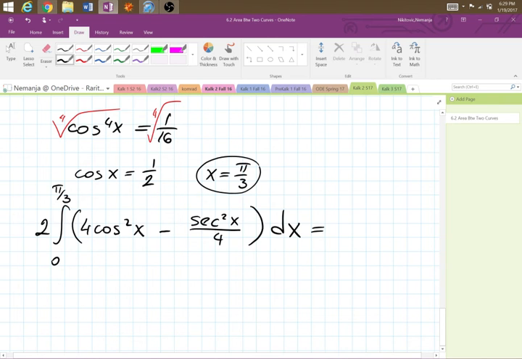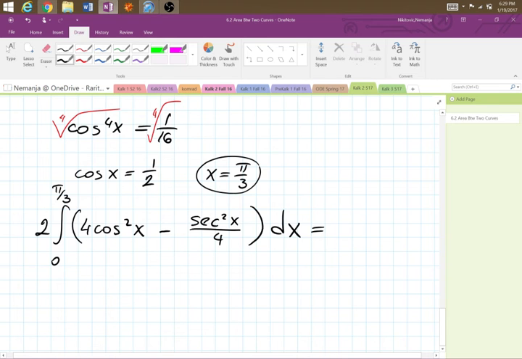So now, how do we integrate 4 cosine squared x? Substitute u equals cosine squared x? But I don't have a sine laying around. Derivative of cosine is sine. How do we integrate this?